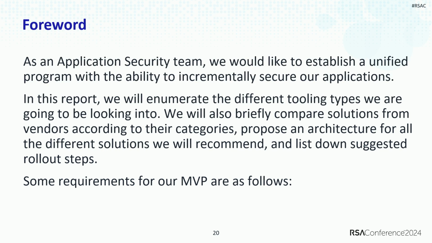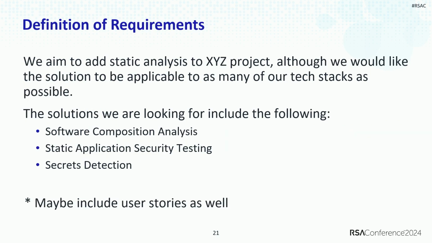And over here, you can have your definition of requirements as well. And in your definition of requirements, this is where you provide details about your needs. So think about user stories, success criteria, your compliance needs.